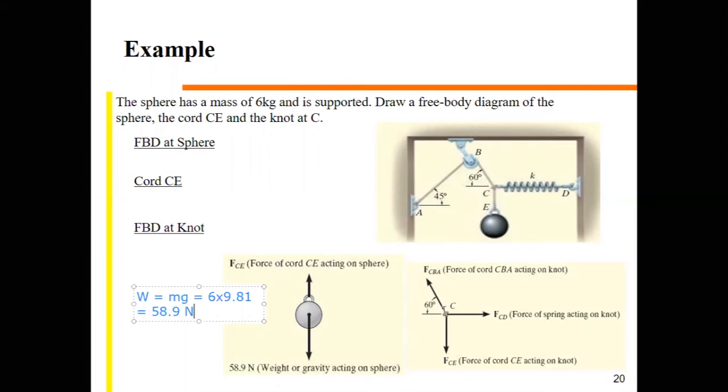Here the angle is 60 degrees. So FCBA. This is the free body diagram of the whole system. So this is how we can draw the free body diagram.